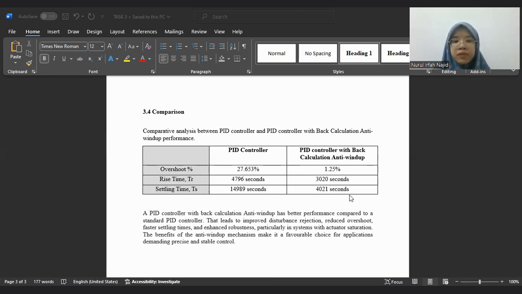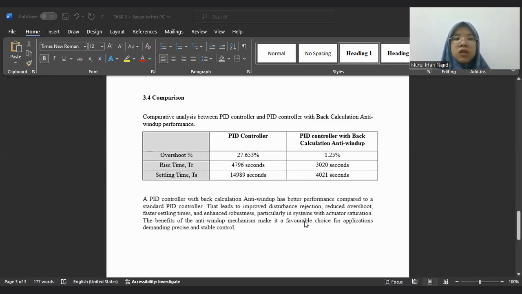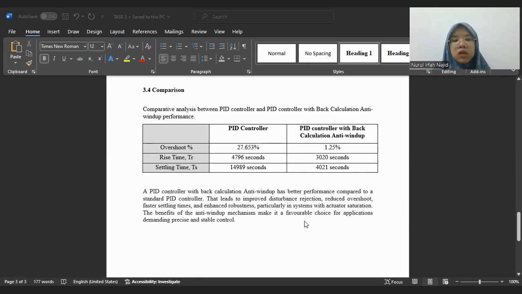After the robust design, we get 4,021 seconds. So for this analysis, as you see, the PID controller with back calculation anti-windup has a better performance compared to a standard PID controller. So this leads to improved disturbance rejection, reduced overshoot, faster settling time, and increased robustness, particularly in systems with actuator saturation.